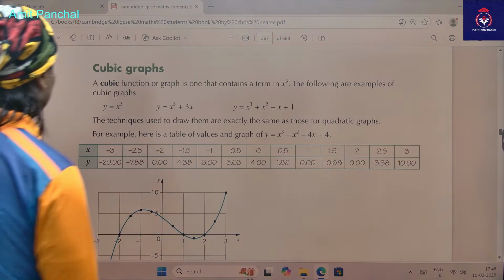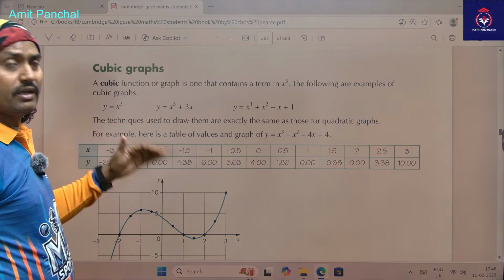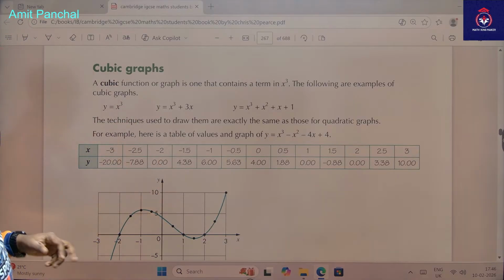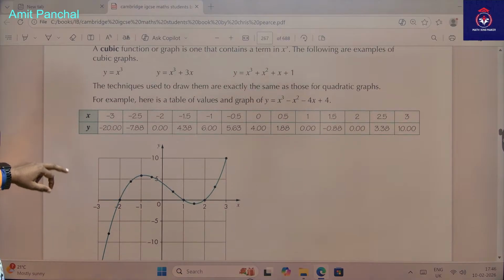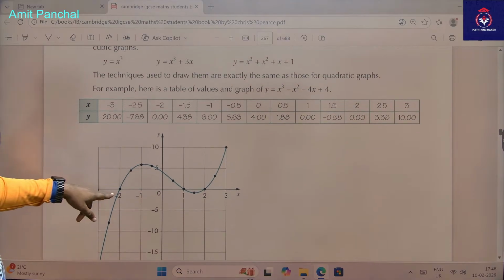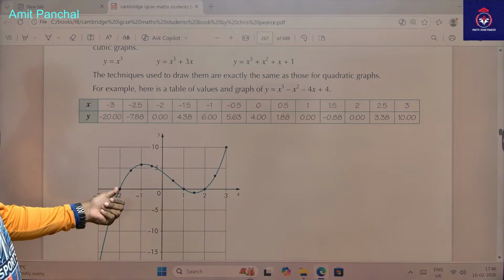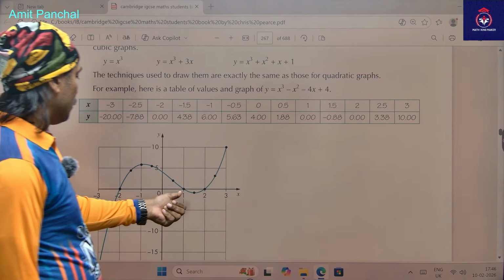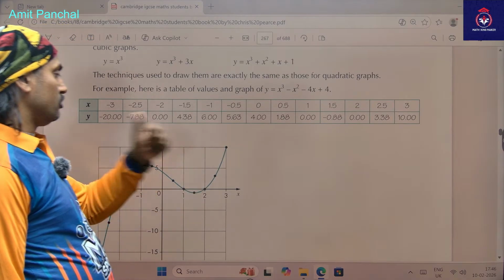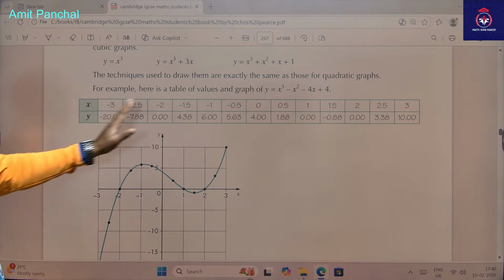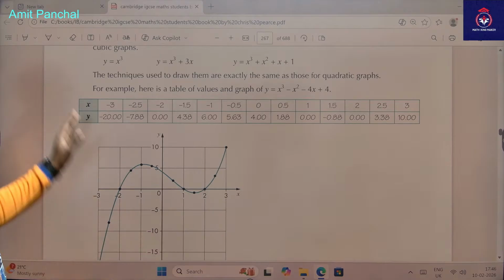So this cubic graph will cut the x-axis at maximum 3 points. So this is your cubic graph because it is cutting the x-axis at 3 points: minus 2, 0; 1, 0; and 2, 0. And easily you can draw it by using this table. Got it?